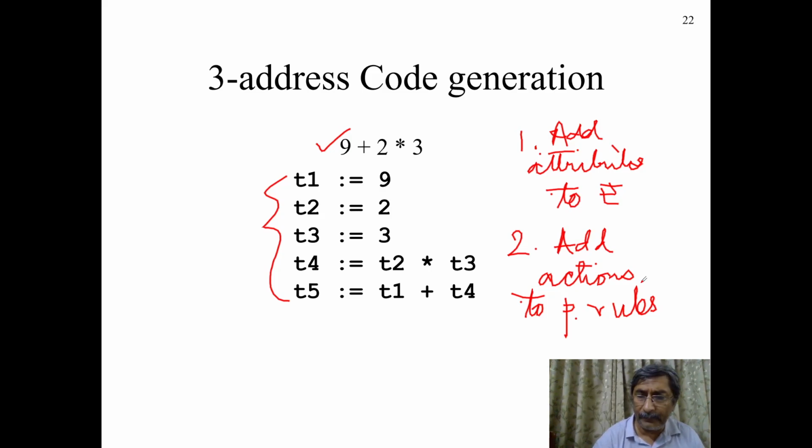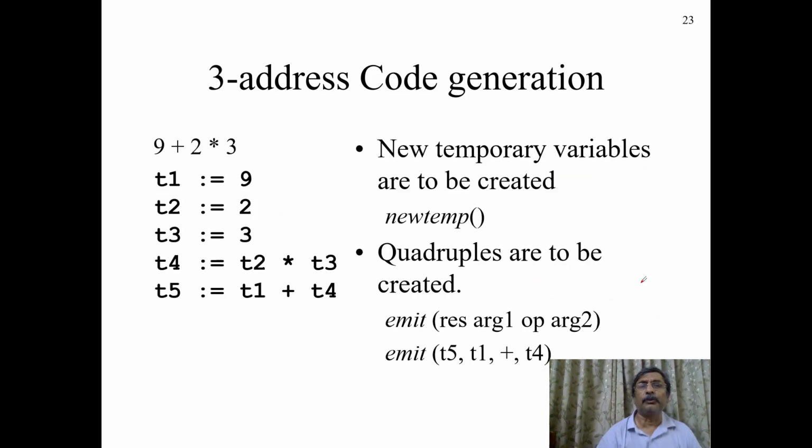Let us have a bit deeper look into this particular code, and we will get two very important points. One is, we need to generate T1, T2. So I have to have a factory kind of a thing so that new temporary variables can be created. And we assume that we have a function called new temp, which gives me a string standing for a new temporary variable.